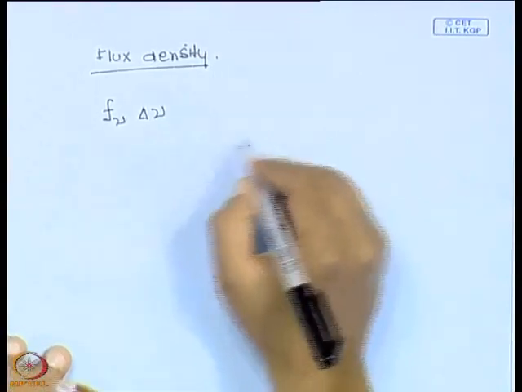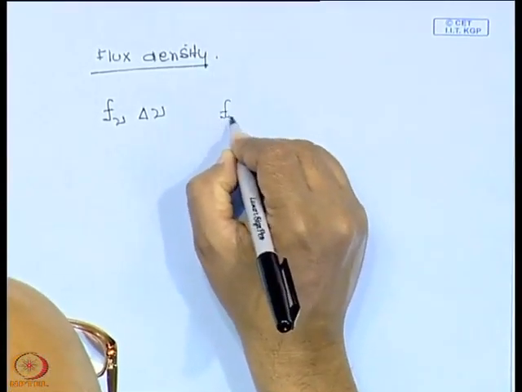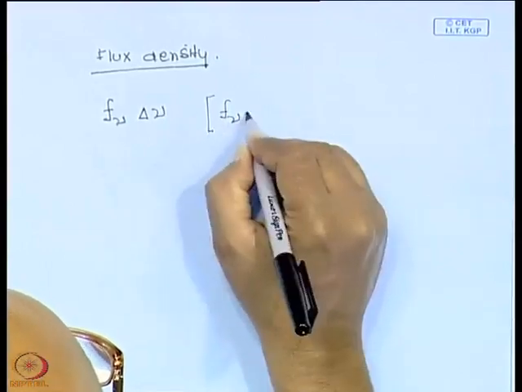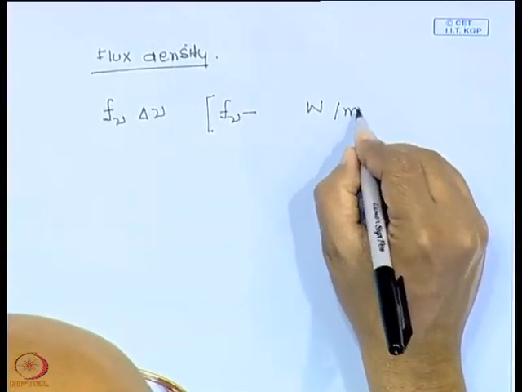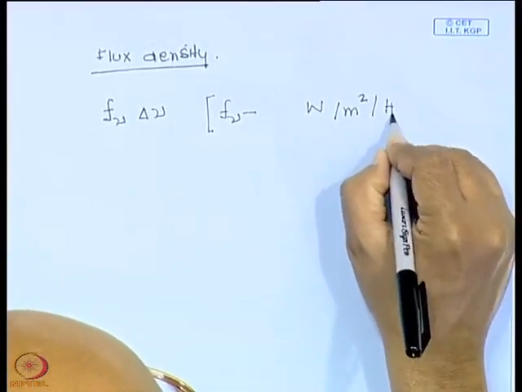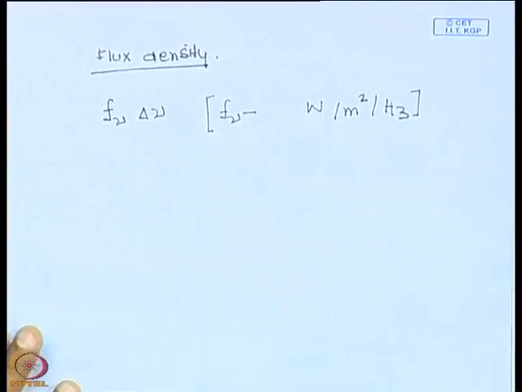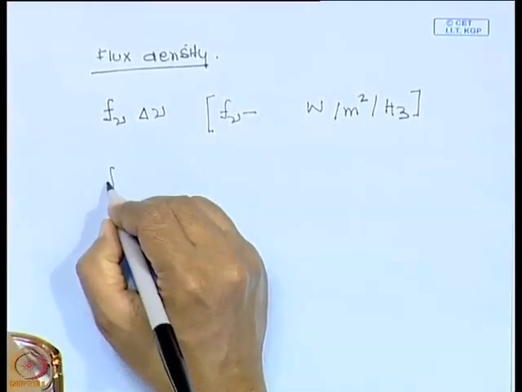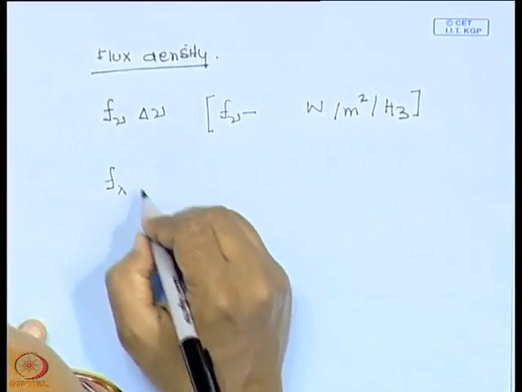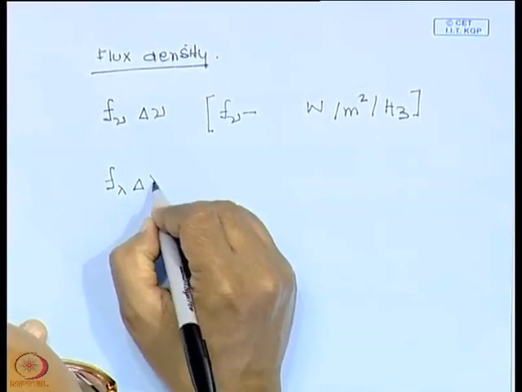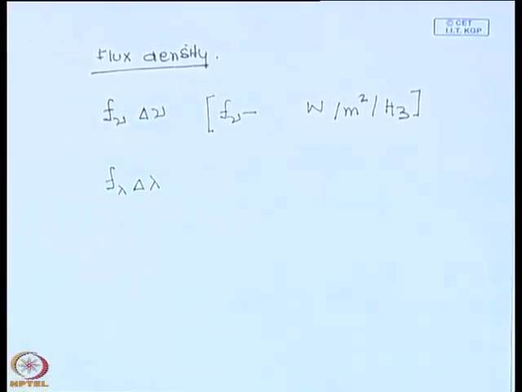So F nu has dimension watts per meter square per hertz. We have already discussed how to describe radiation, or alternatively we could use F lambda, which is defined so that this times delta lambda tells us the amount of energy coming per unit area per second.